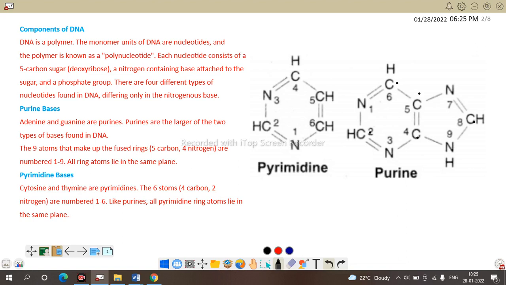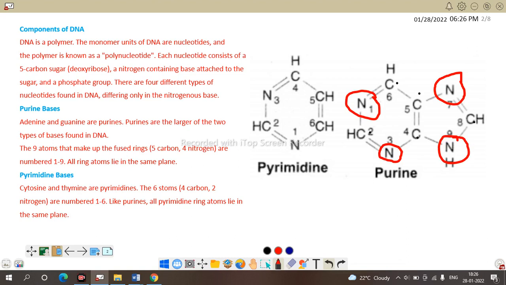These are the 5 carbon and 4 nitrogen. At position number 3 there is 1 nitrogen. Position number 1 has another nitrogen. Position number 7 has another nitrogen, and position number 9 has another nitrogen. So purine contains 4 nitrogen and 5 carbon, total 9. All ring atoms lie in the same plane.